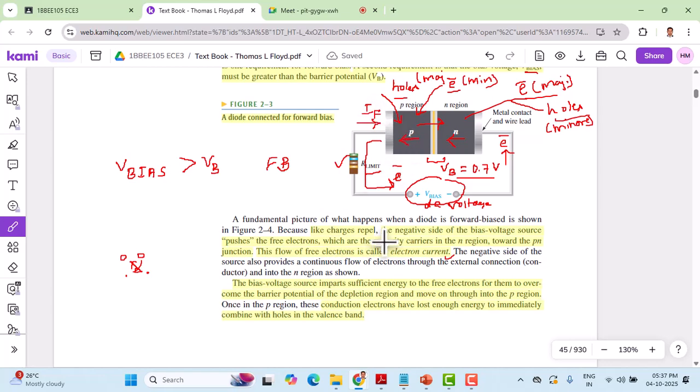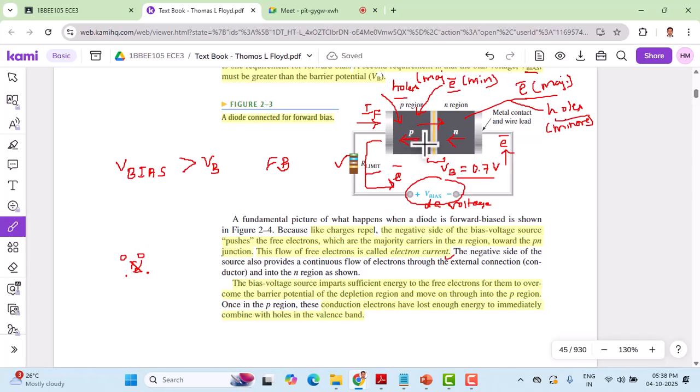This is how the PN junction operates here. Conduction electrons lose energy and immediately combine with the holes in the valence band. What do we mean by this? Immediately when electrons jump from the N region to the P region, they lose energy. The only force that acts on the electrons in the P region is the attraction force.